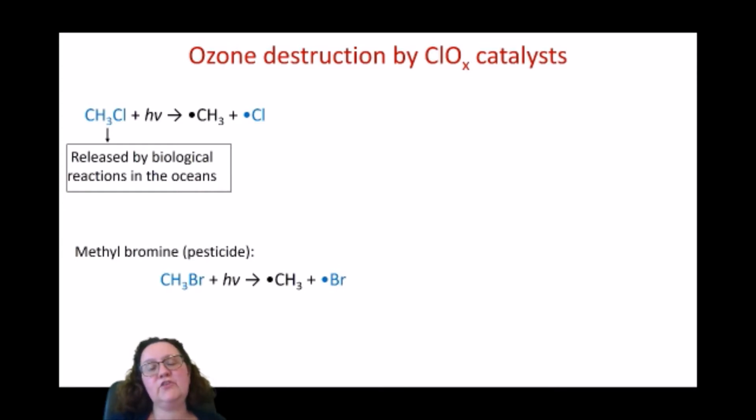Another catalyst for the destruction of ozone, the breaking down of the molecule O3 into molecular oxygen, O2, is the chlorinated and brominated species, particularly, for example, the species that generate chlorine oxide radicals.